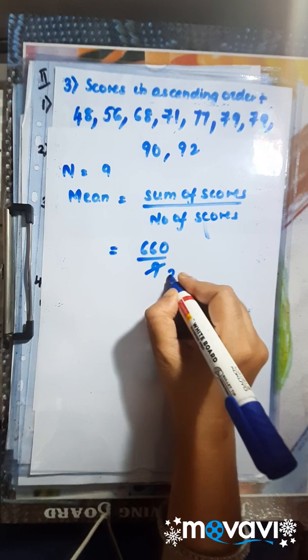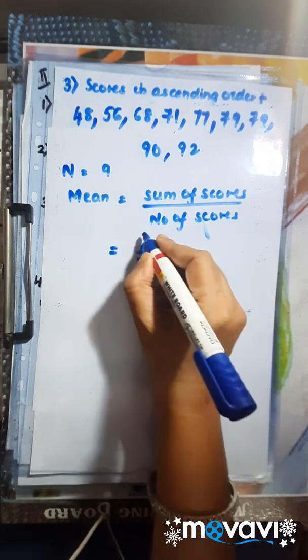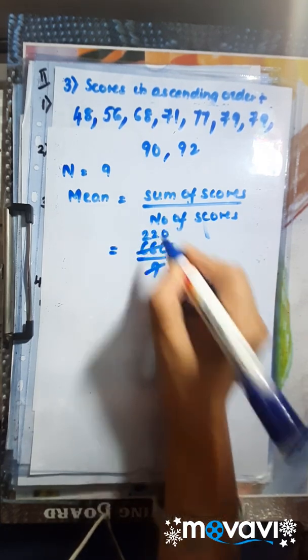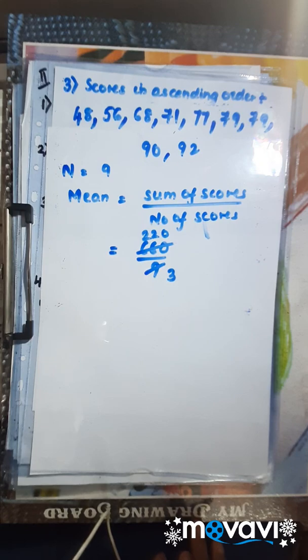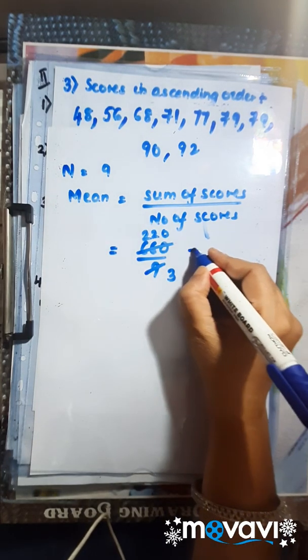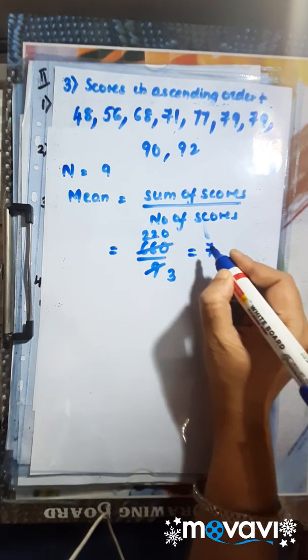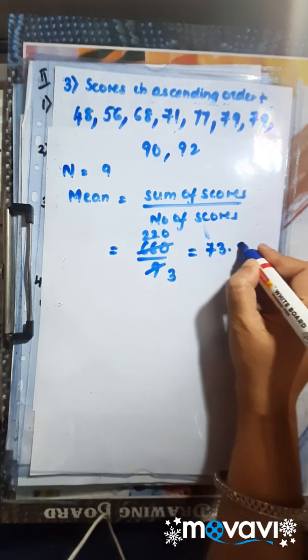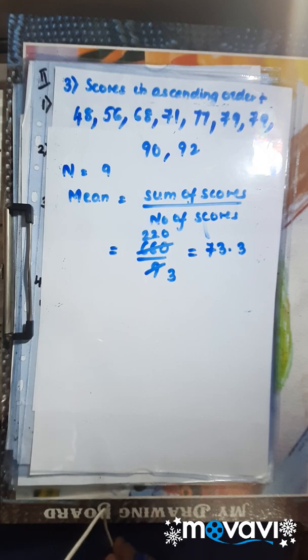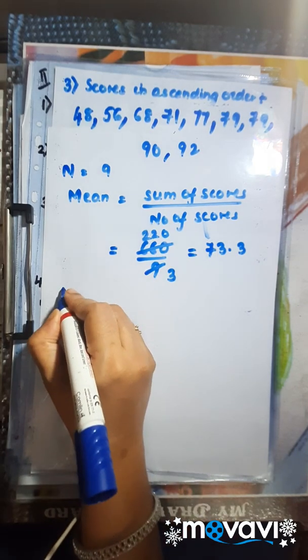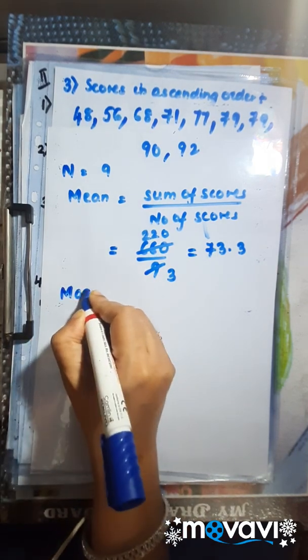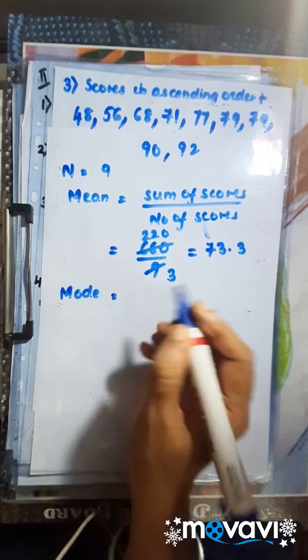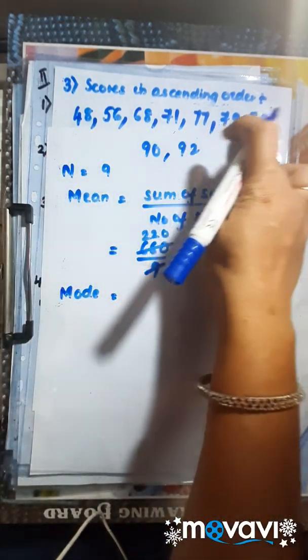Can you cancel with 3? 3 3s are 9, so 73.3 is my mean.